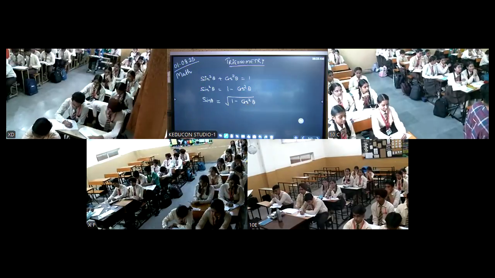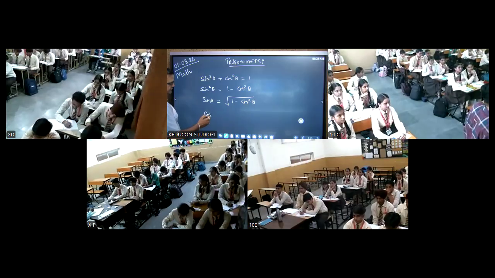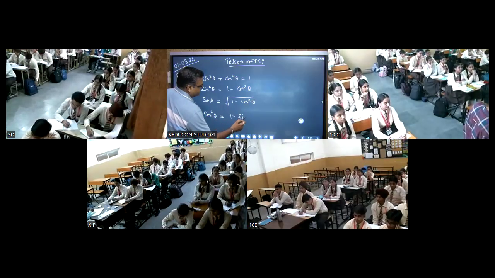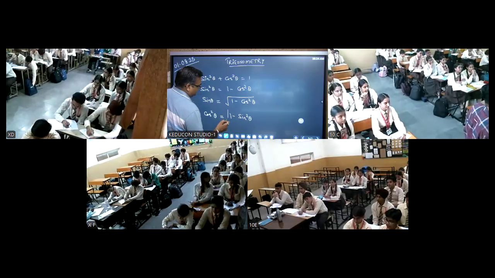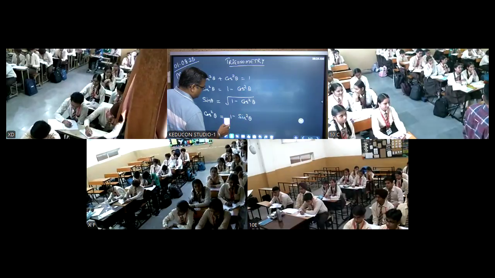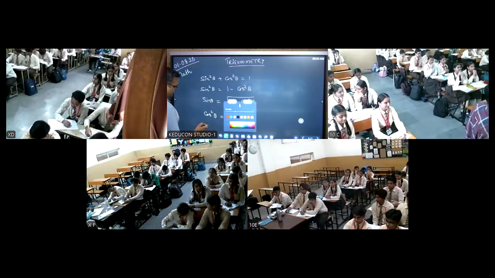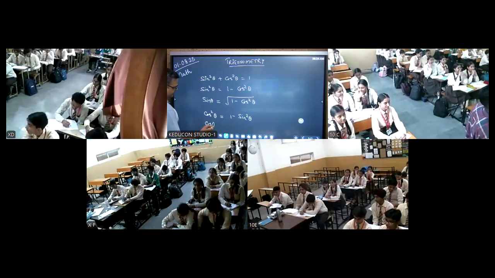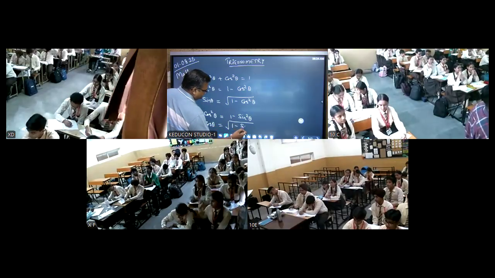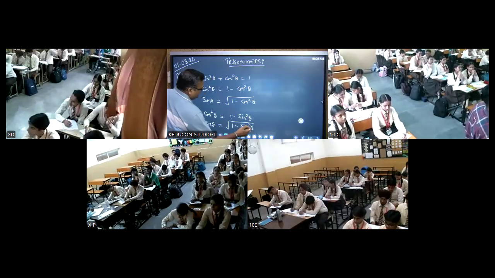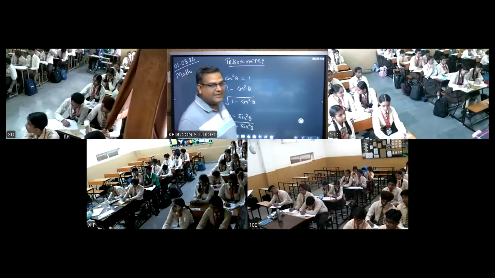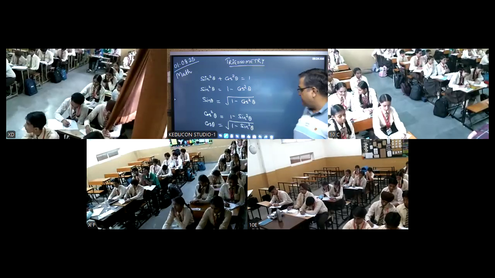Similarly, if you have to find cos square theta, you will write it as 1 minus sin square theta. And if you have to write cos theta, it has to be the square root of 1 minus sin square theta. Similarly, all the 3 identities can be expressed in the 5 different forms.